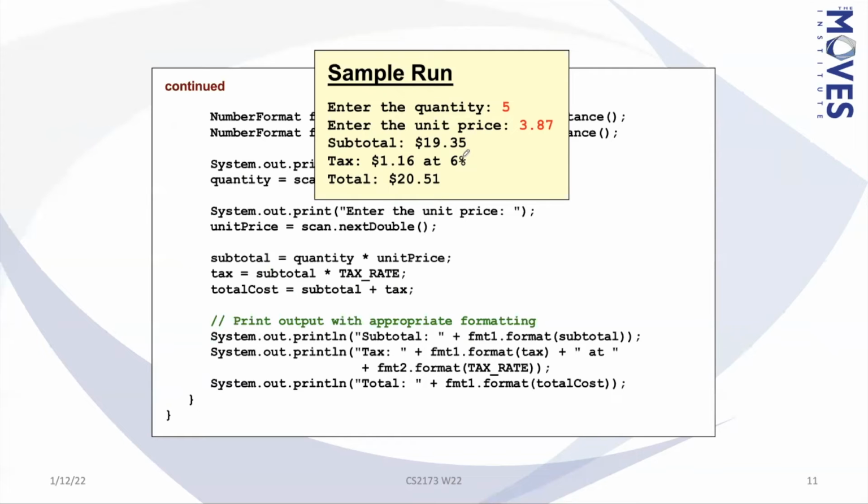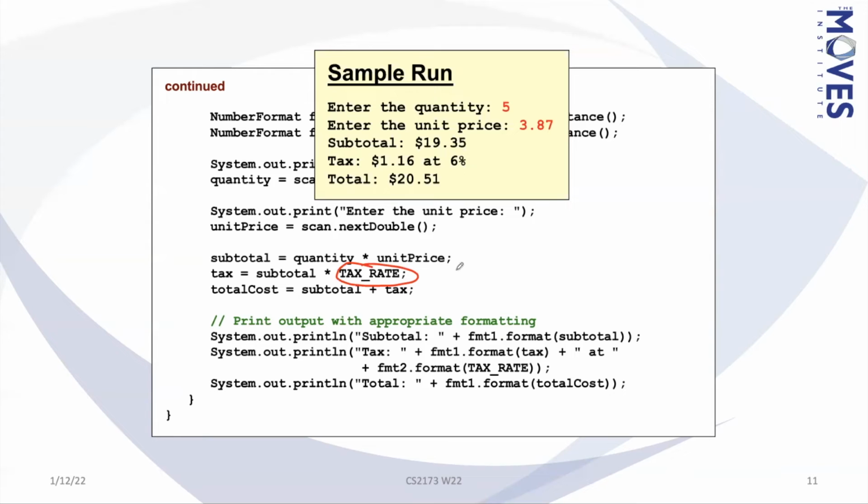And then the tax: we take the subtotal and multiply it by the tax rate. And again, this is why you want to use variables like this. Notice that this tax rate is occurring several places throughout that, and that's why you want to define the moral equivalent of a constant variable like this.